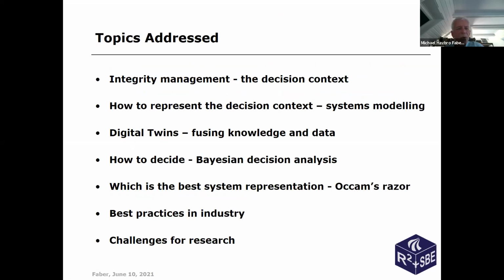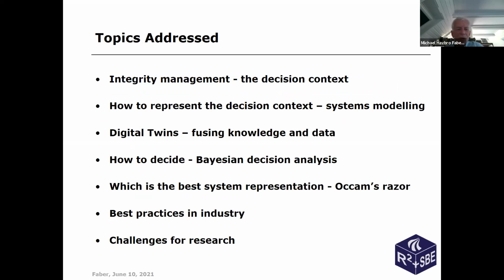The topics I would like to address with this focus on the system is, first of all, I would like to talk a little bit about the decision context, integrity management. Then I would like to talk about systems modeling in the sense how to represent the decision context.